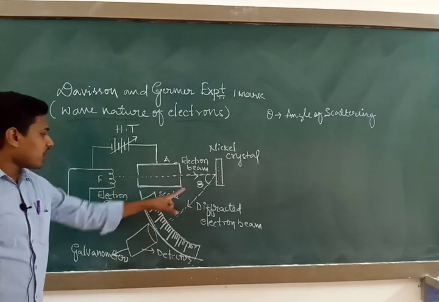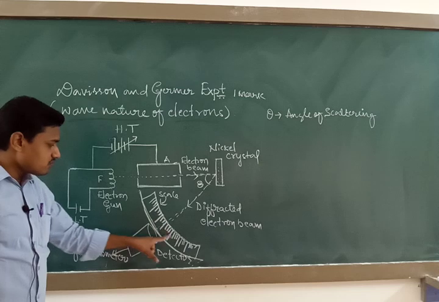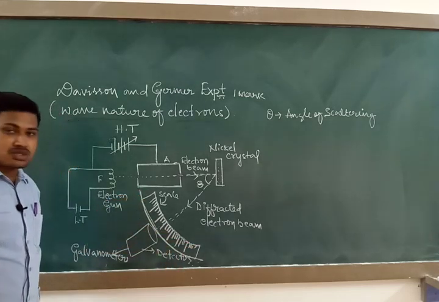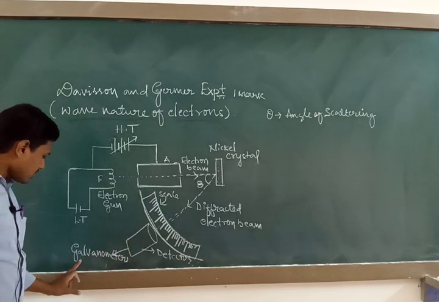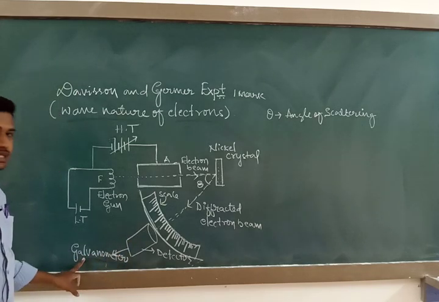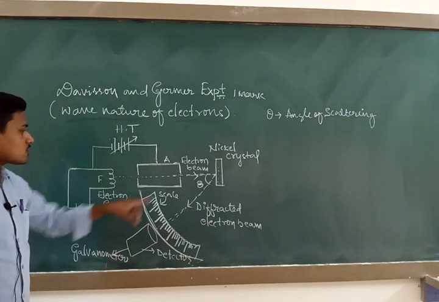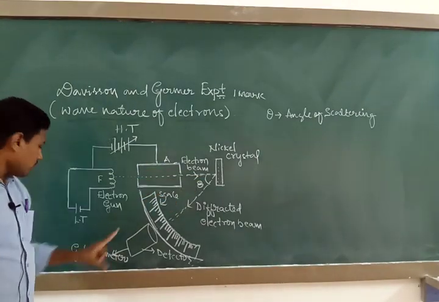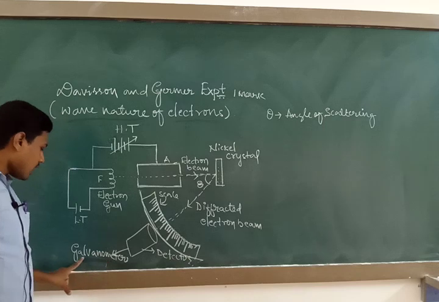I can get different values of the angle of scattering with the help of this scale. There is one scale attached to this detector, and this detector is further connected to the galvanometer. The number of electrons scattered for a particular theta will be indicated with the help of this galvanometer.